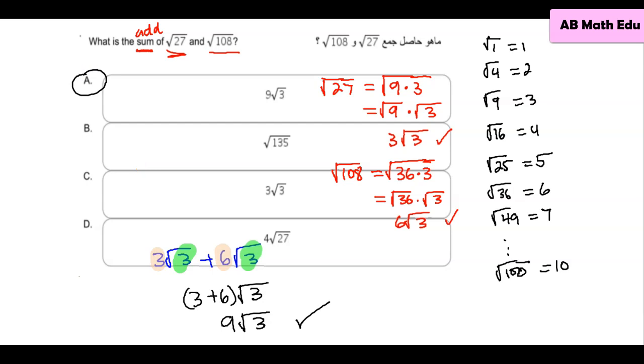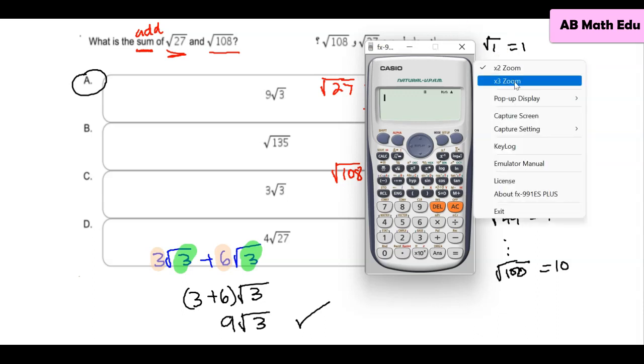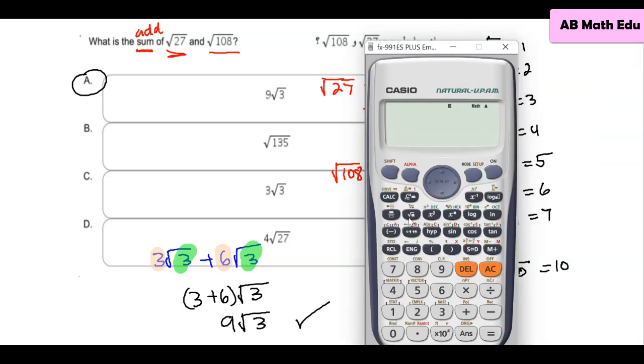In case you have a calculator, some of the calculators can also be helpful. You're allowed to use a calculator. So I have a calculator called FX99. If you have FX99, you can also use that. So you come here, this is a square root, and you write 27. Then you press equals, that gives you what we did, 3 root 3.